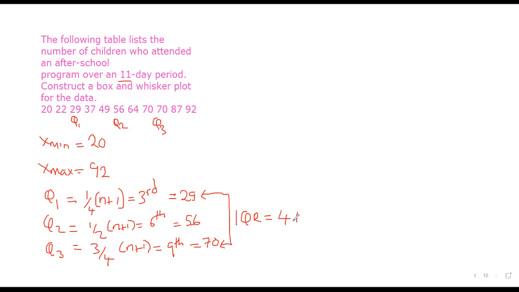Then to get the correction term, you multiply the interquartile range times 1.5. What do you get? 61.5.